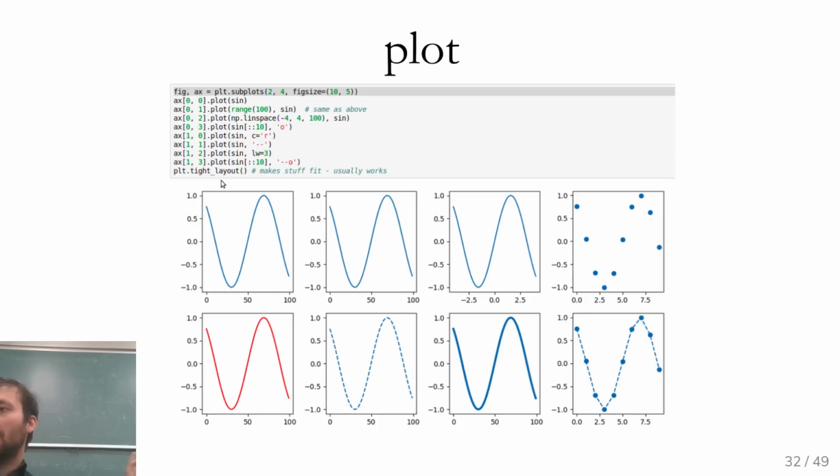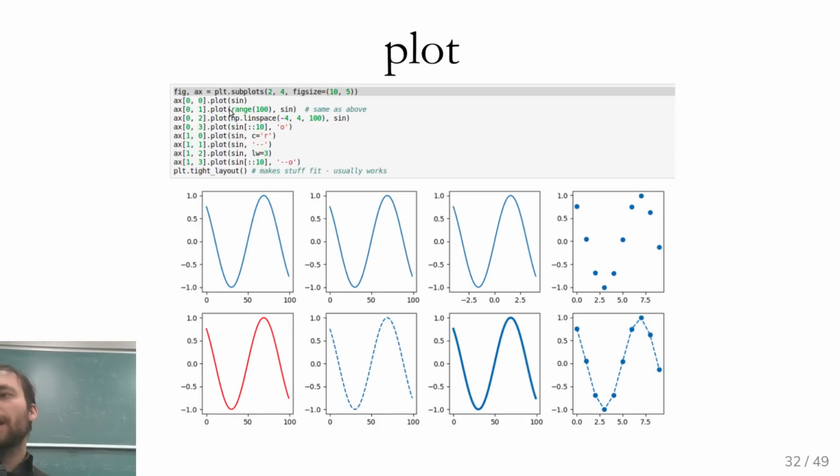So here, one of the easiest ones is plot. Plot is usually used for line plots, and so, as in the first example, I can just plot something. This will be plotted as the y values, assuming the x values are just an enumeration. So if I just give one thing, this is going to be the y values.